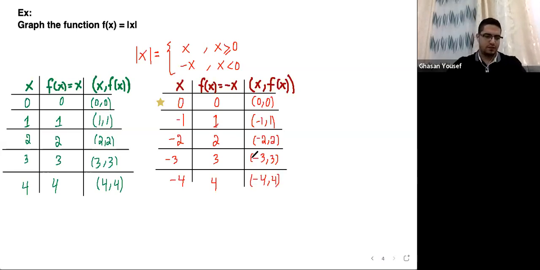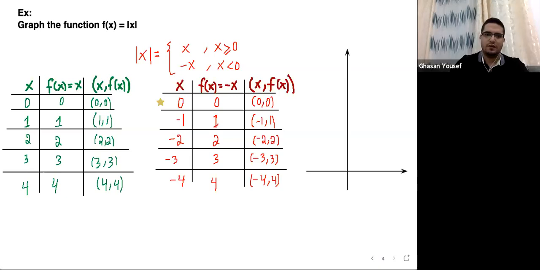Okay, so now we have to graph on the Cartesian plane like this, the x and the y Cartesian plane. Okay, what's the value? We're starting from f of x equal x.